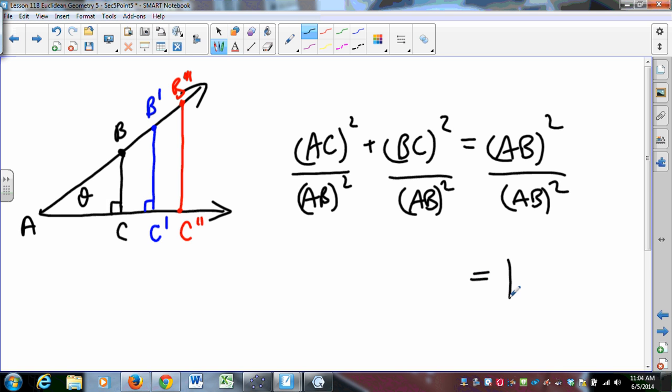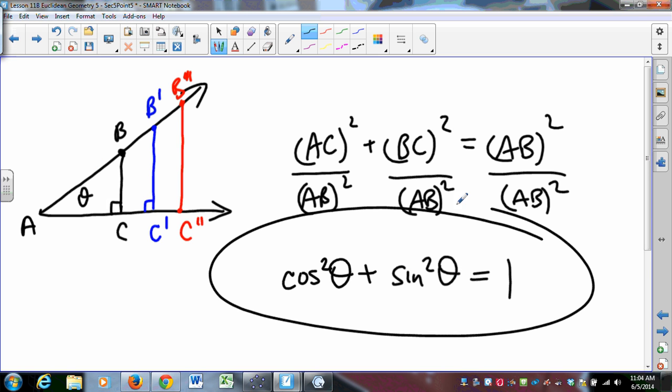Well, then something's equal to 1, but what? Well, the ratio of AC to AB, that is cosine of theta, and we have squared everything. The ratio of BC to AB, that's sine theta, and that's squared.